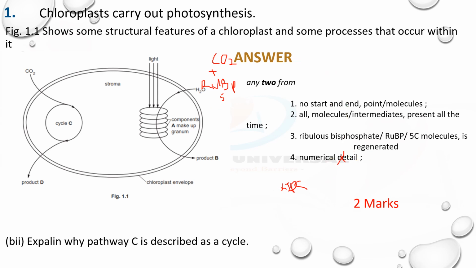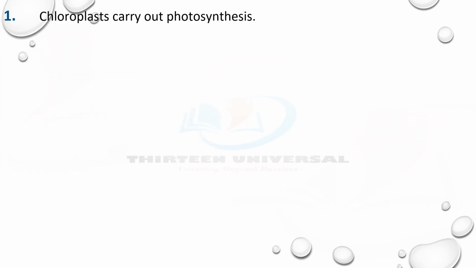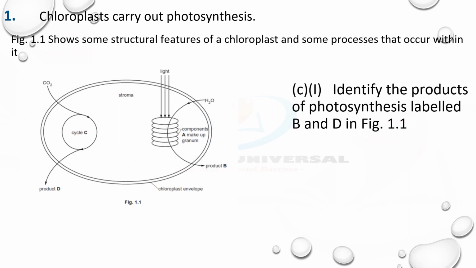All molecules or intermediates are present. Ribulose bisphosphate is recycled, like I've said. So that is why. Let's go to the next one. The same question: identify the products of photosynthesis labeled B and D.